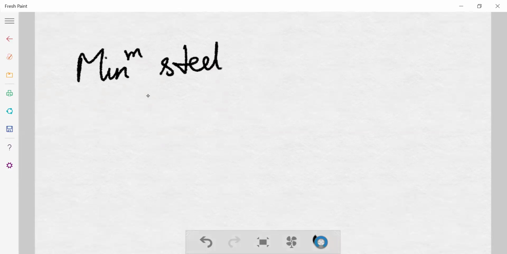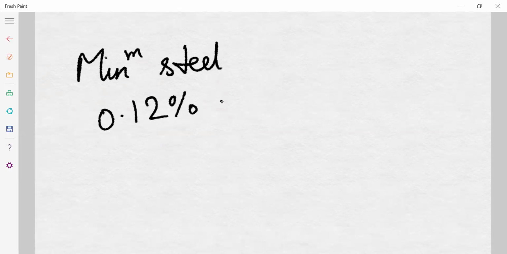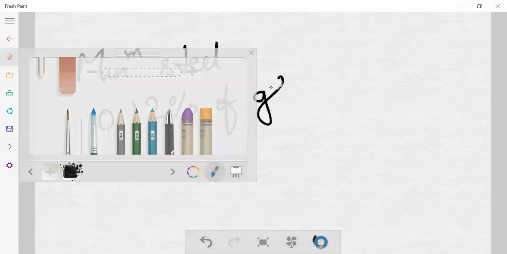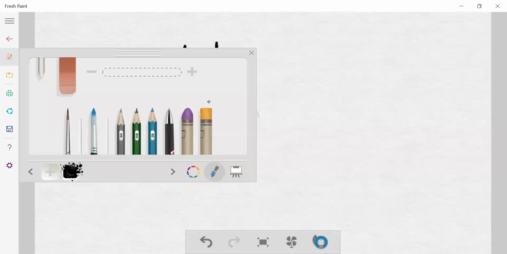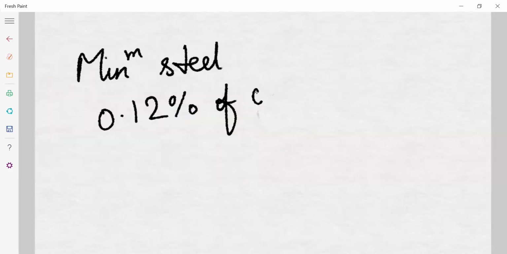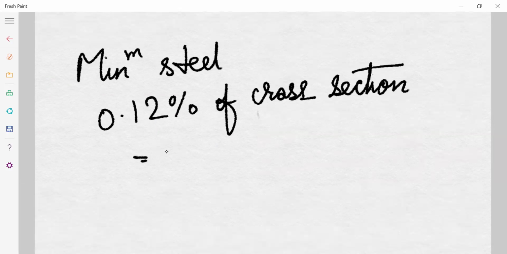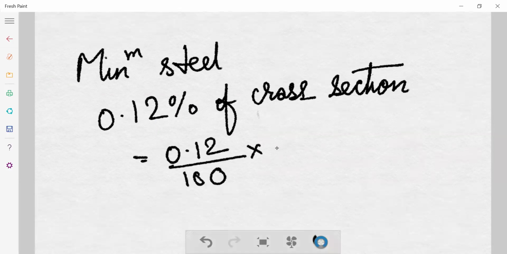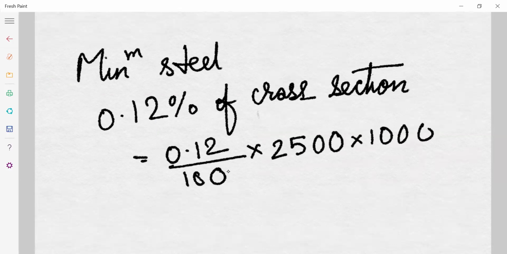It is 0.12% of the gross cross section, which is equal to 0.12 by 100 into width into depth, 2500 into 1000.